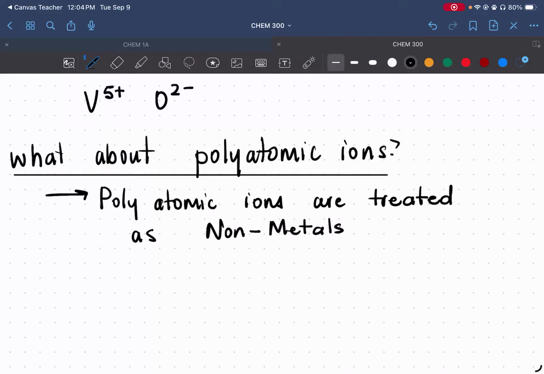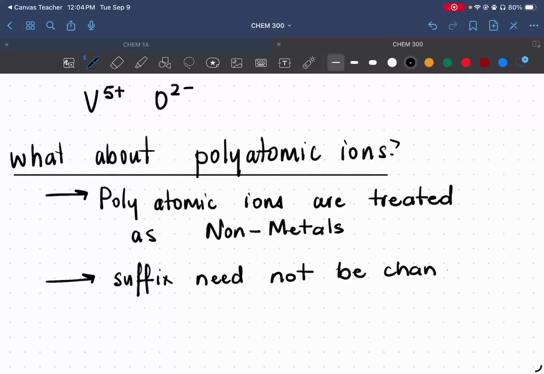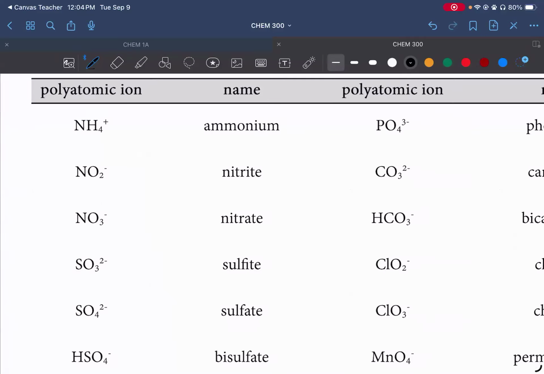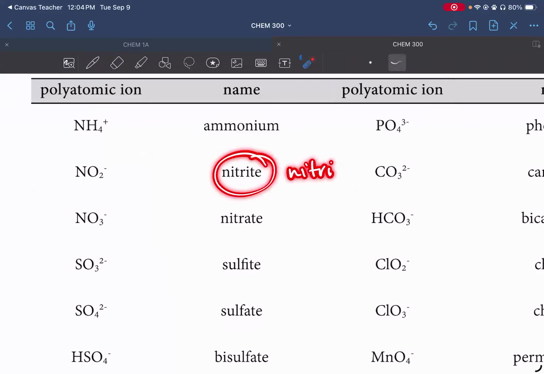They're written on the right. But the only thing is their suffix need not be changed. That's why it's so important to memorize the names because they're already set. Meaning you will not be switching nitrite to nitride. There is no need for you to replace the suffix. NO2 is nitrite. No ifs, buts, or else's.